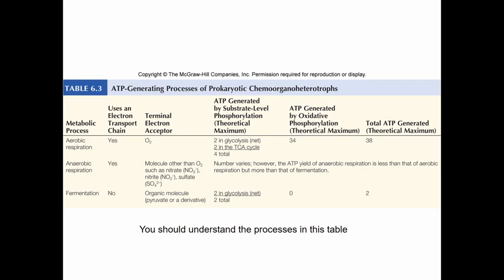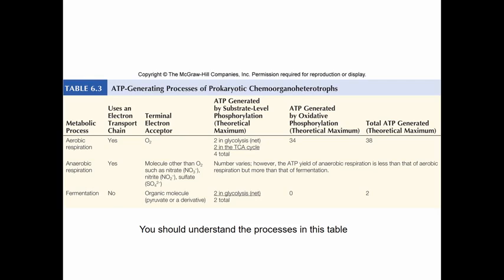The most efficient way to break down carbohydrates and make the most ATP is through aerobic respiration. Anaerobic respiration is also going to do these products, but it's going to be less efficient. Typically, the theoretical maximum with anaerobic respiration is somewhere 34 or less. Could be 36, depends on the organism, but it's less efficient than aerobic.